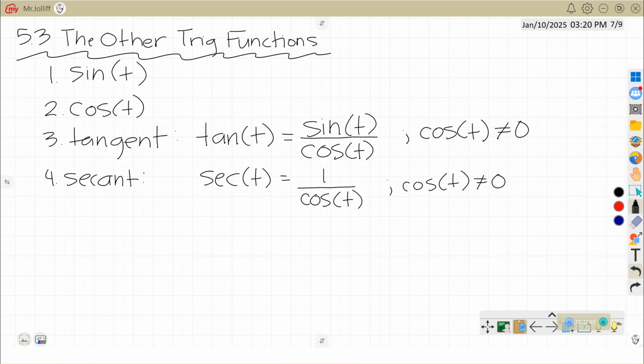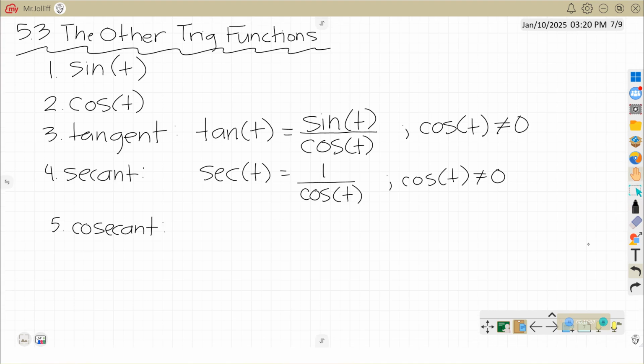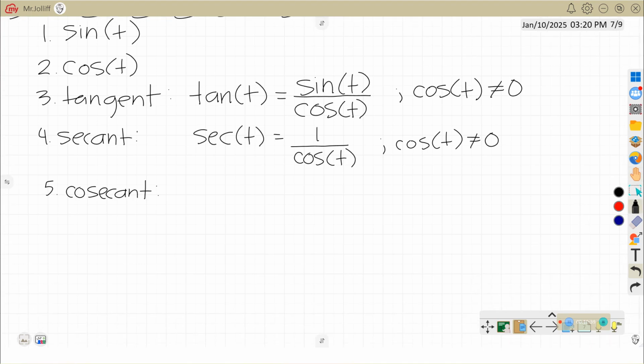Okay, next one is called the cosecant. You would think logically that would be the reciprocal of cosine, but no, it's the reciprocal of sine. And the short form for cosecant is CSC. I can't use COS because I already used that for cosine. Got to use something else for cosecant.